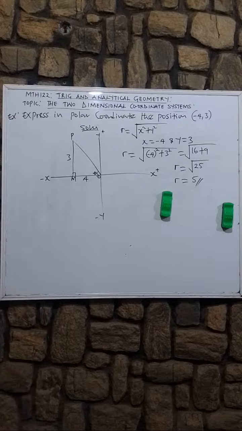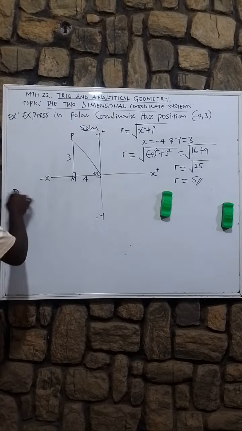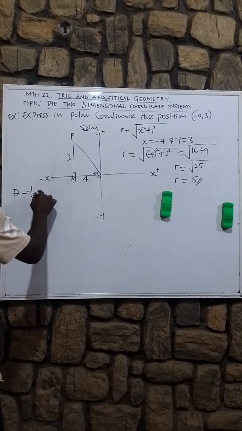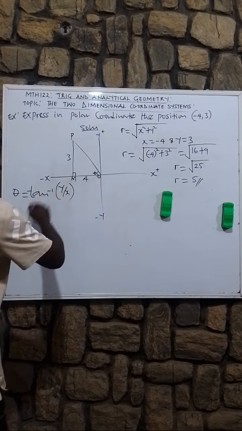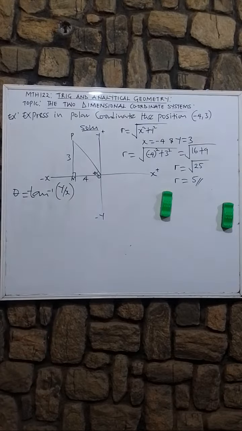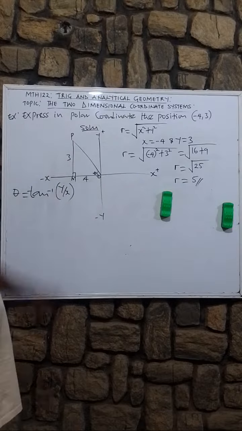Then let us move further to consider our theta. Our theta is equal to tan inverse of y all over x. But mind you, our x is negative, so the angle will now turn.